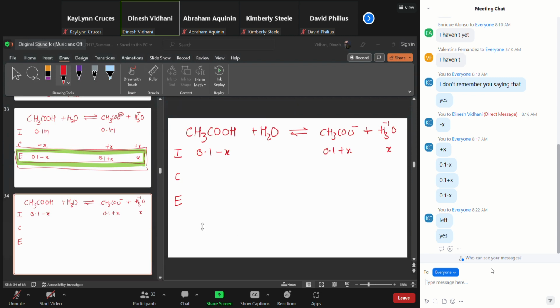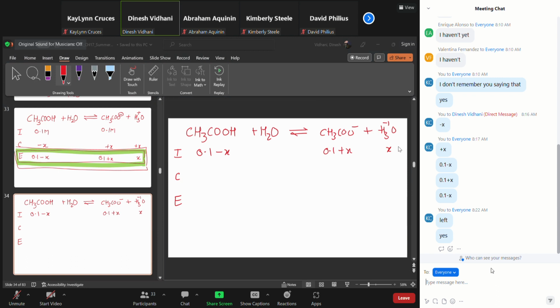Okay, let me see. Plus 0.05 of acetic acid, negative, isn't it? HCl. Yes, that's HCl. So basically, when we think about HCl, we are not looking at the spectator ion, which is Cl minus. We are just looking at hydronium ion. So I'm adding hydronium ion from outside. That means I'm adding this one.